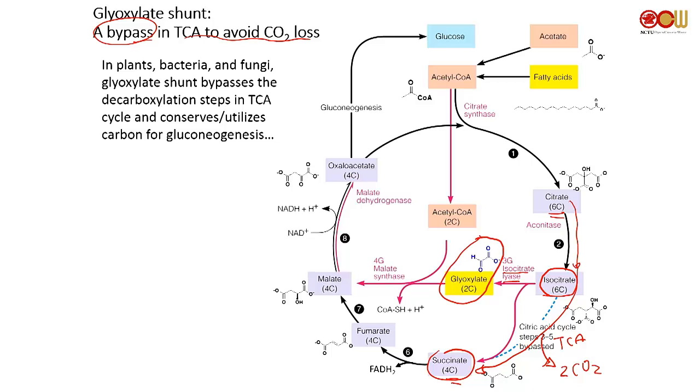Now, succinate can then continue to go to oxaloacetate. So essentially, what this pathway did was, instead of 2 CO2 for the normal TCA cycle, you make that 2 carbon into glyoxylate.